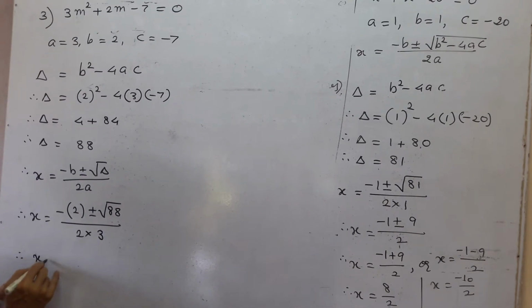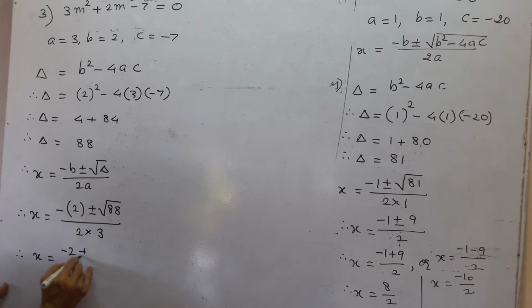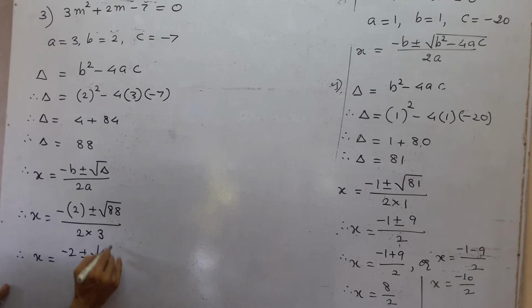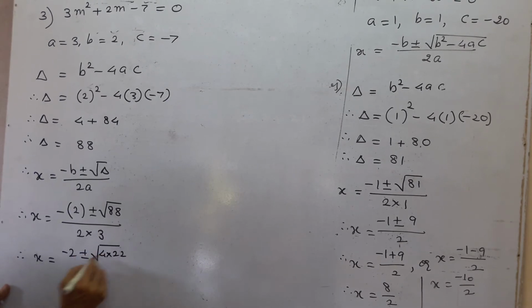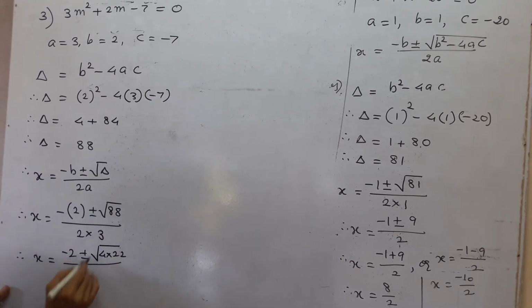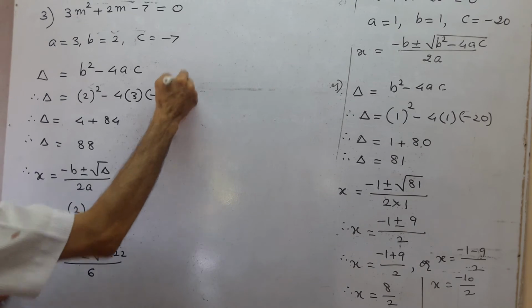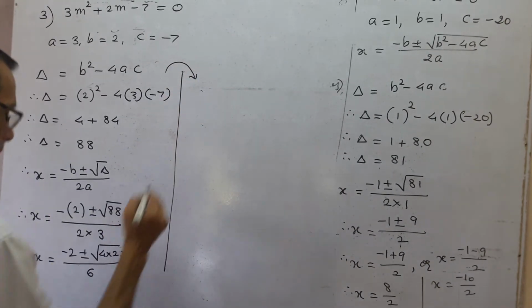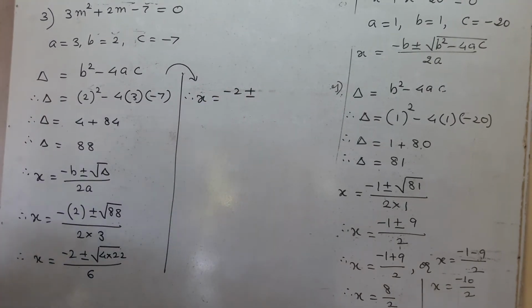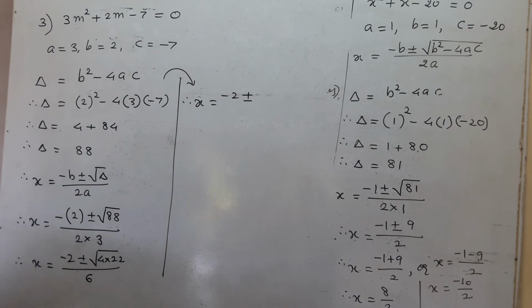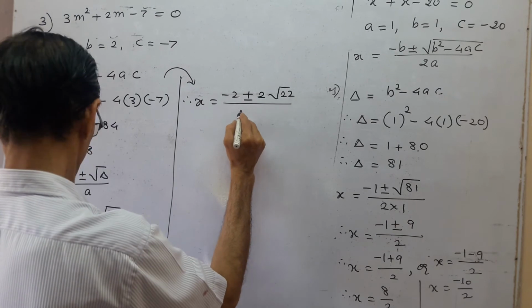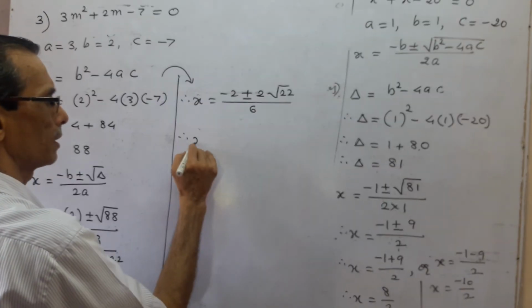And therefore minus 2 plus or minus under root 88, but 88 is 4 into 22, upon 2 into 3, upon 6. Therefore x is equal to minus 2 plus or minus root 4 is there, but root 4 will become 2 outside. So 2 root 22 upon 6.